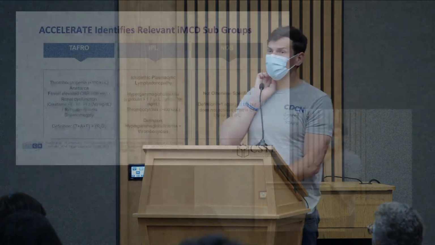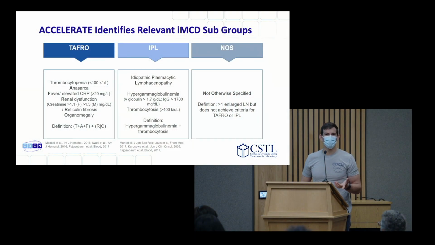For those in the room, I'll actually go back one slide. Some of you may look at this and say, well, I'm not really sure which category I fall into. The quick and easy way to determine it is this: if you remember your doctor ever talking about your platelet counts being low, then you're probably on the TAFRO side. If you ever heard your doctors say, oh my gosh, you've got really high platelets, then you're probably on the IPL side.